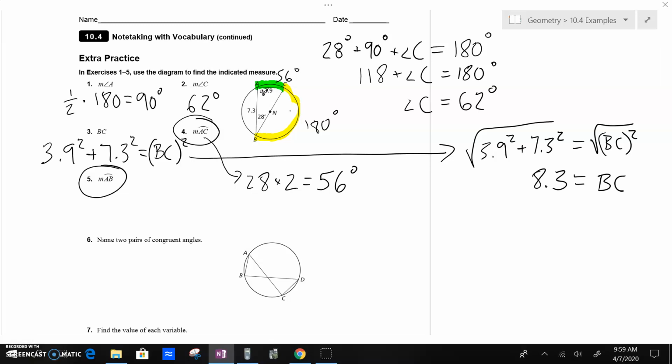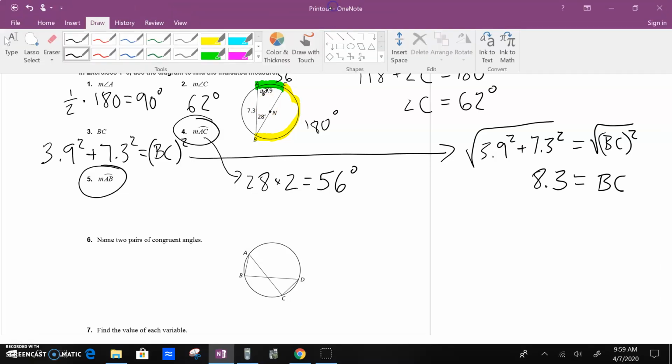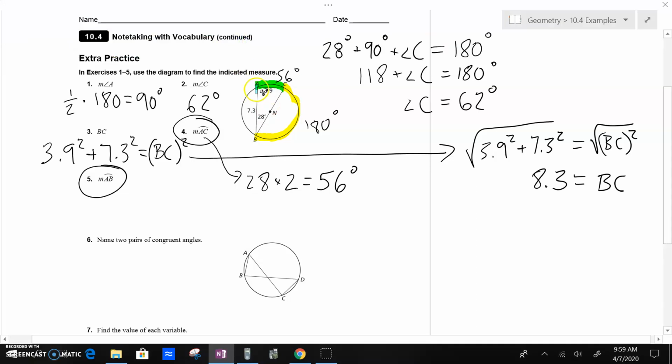And then for AB, that one's kind of a cool one. Let's go with the light blue. That's the rest of this. And this one's actually more of a common sense one versus a solving one, but we'll do it both ways. So let's actually solve it.